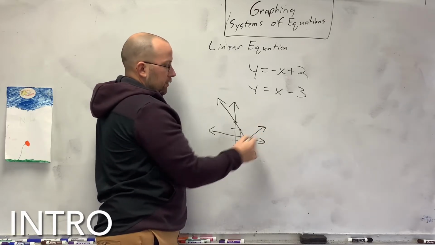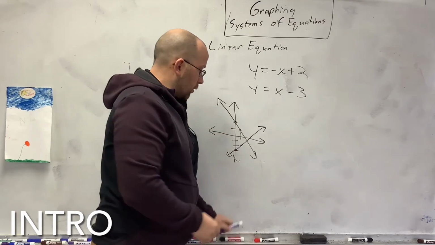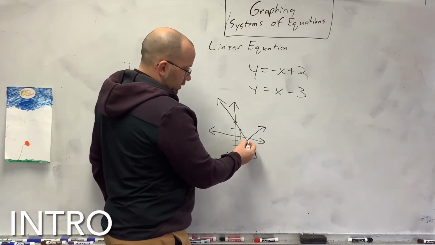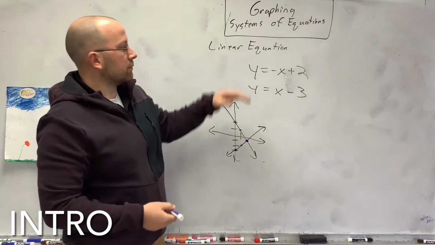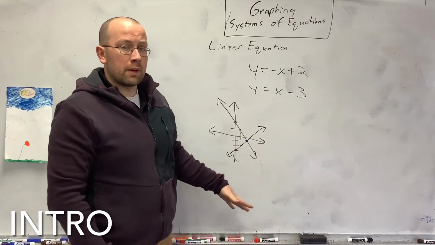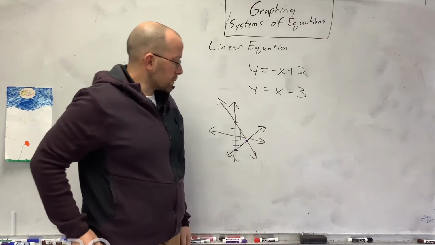Alright, so these are those two lines graphed. Where they cross, so right here, is a solution for them. Alright, graphing is just one way to solve it. There's also elimination and substitution, which are the ones we're going to go over.